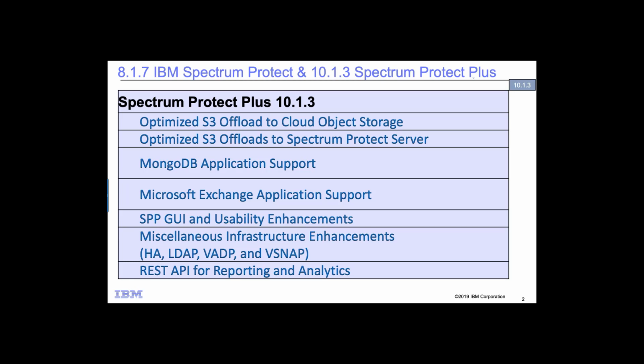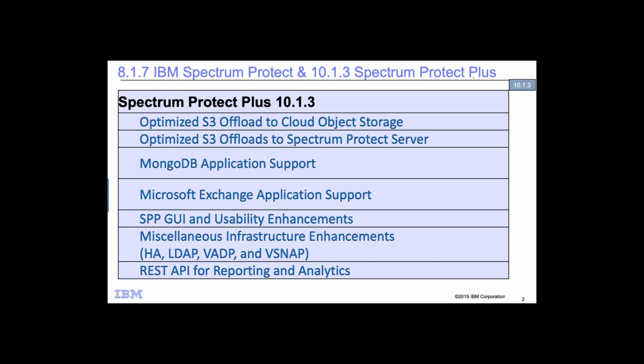Beginning at version 10.1.3, we introduced optimized S3 offloads to both object storage and the Spectrum Protect server, and we're going to cover that in detail in the upcoming slides. We introduced support for protecting and data reuse of MongoDB.